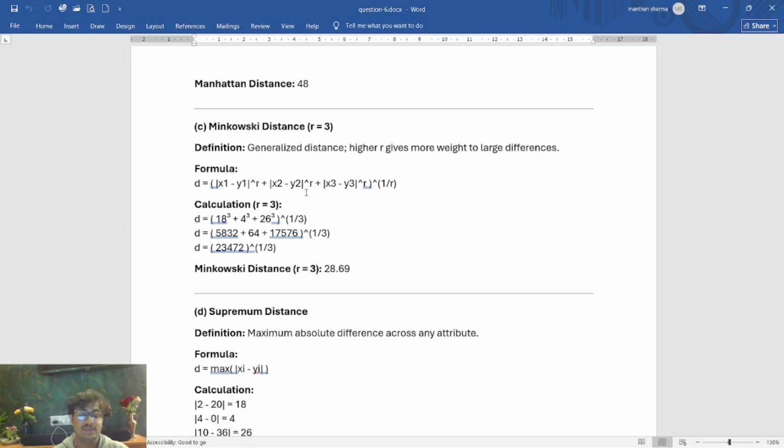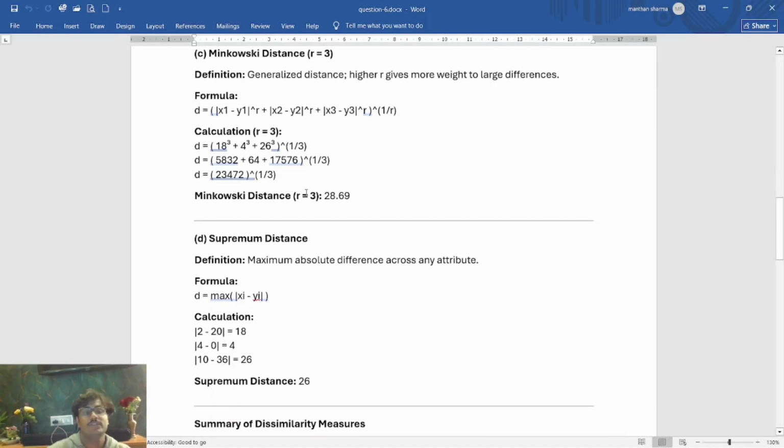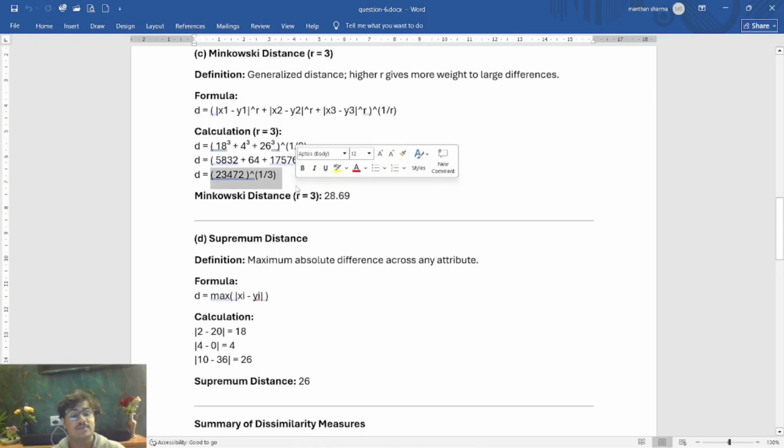Computing each term: 18 to the power 3 is 5832, 4 to the power 3 is 64, and 26 to the power 3 is 17576. Adding them up, we get 23472 to the power 1 by 3, which is approximately 28.69. So the Minkowski distance is 28.69.